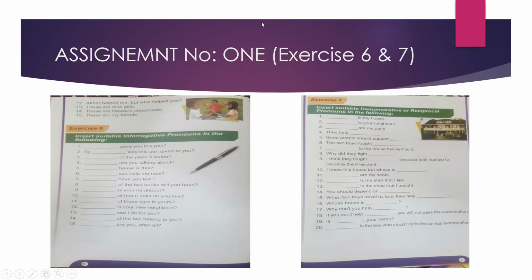For example, dear students, we have sentence number 1. Who gave you this pen?